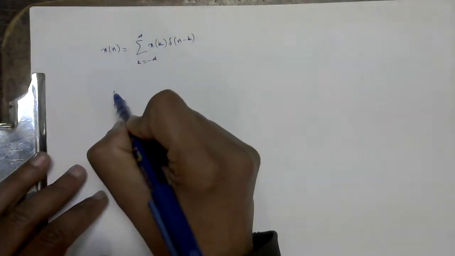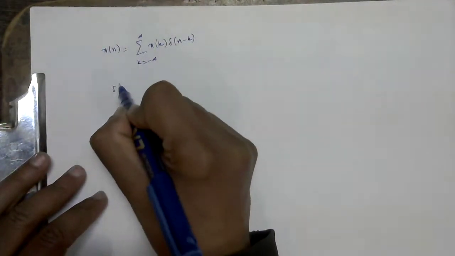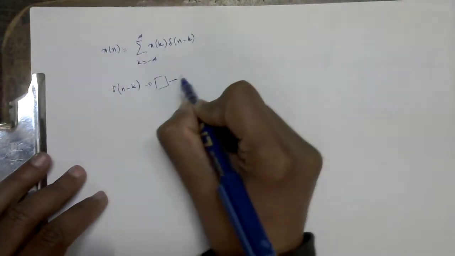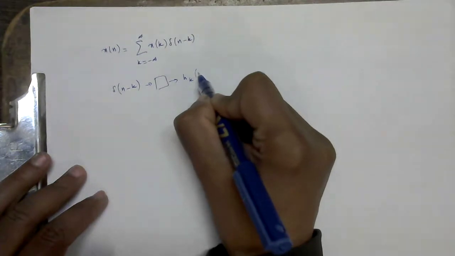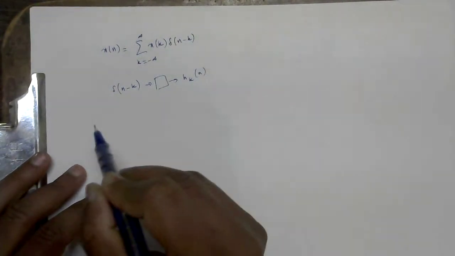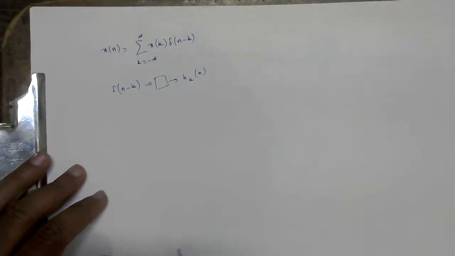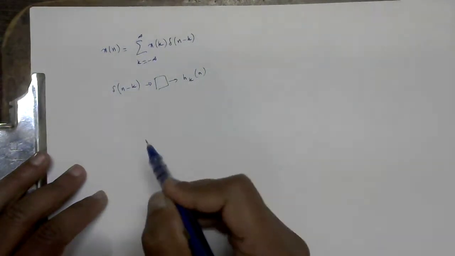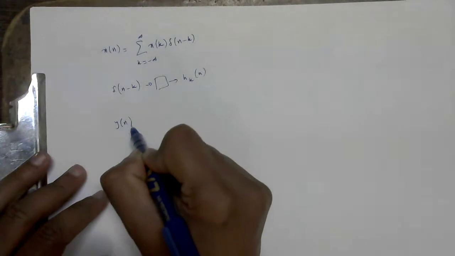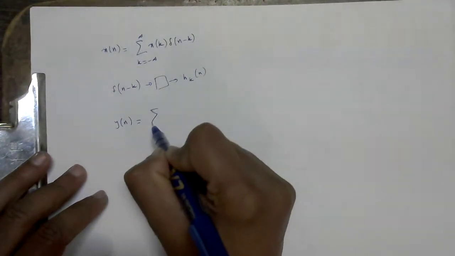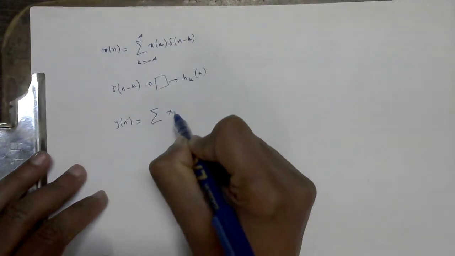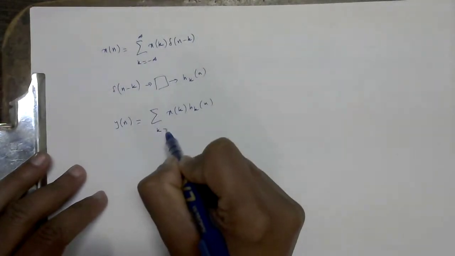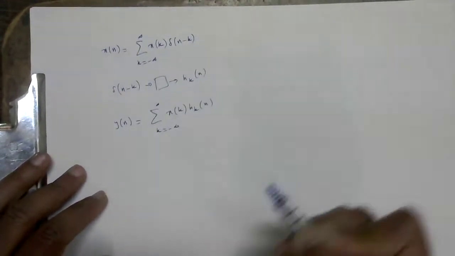And the input to the system, if I give delta of n minus k, I get h_k of n. Then the output, when I give this x of n as input, if the system is linear, will be y of n equal to the sum of x of k h_k of n, where k goes from minus infinity to plus infinity.